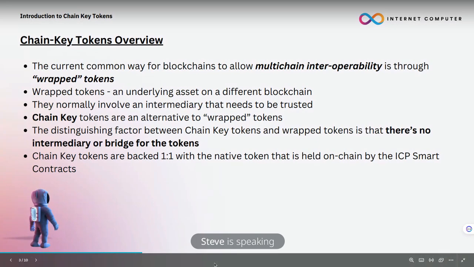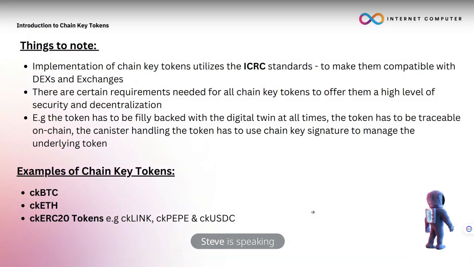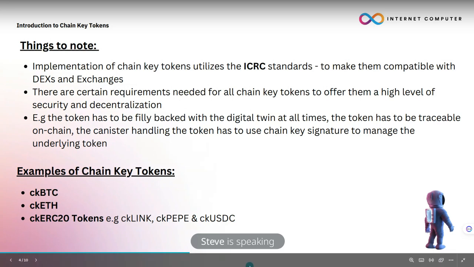How ICP has implemented its chain key tokens is very different from the current wrapped tokens that exist. Chain key tokens are normally backed one to one with a native token, which is held on chain with a smart contract. As you know, ICP has a particular feature called threshold cryptography.